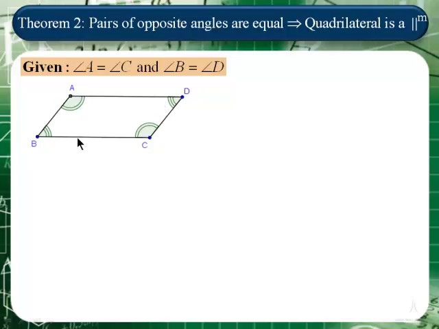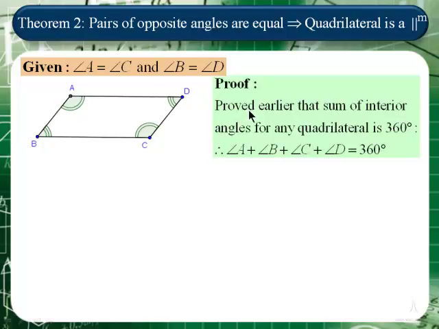We want to prove that this quadrilateral is a parallelogram, and we will prove it if we can show that line segment AD is parallel to line segment BC, and that line segment AB is parallel to line segment CD.